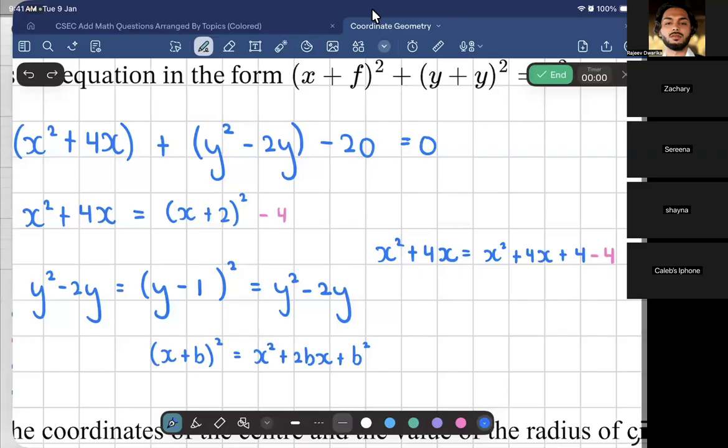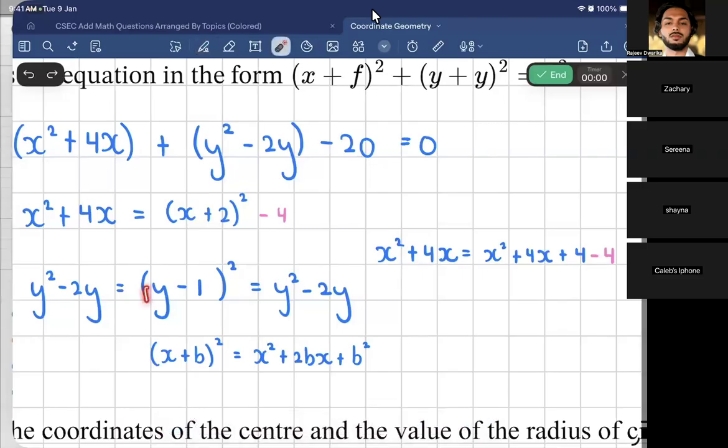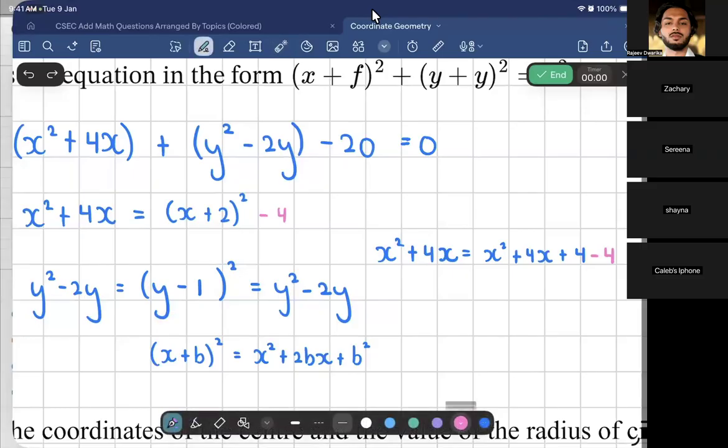What's b over here? Minus 1. So what's minus 1 squared? 1. Yeah, so plus 1.